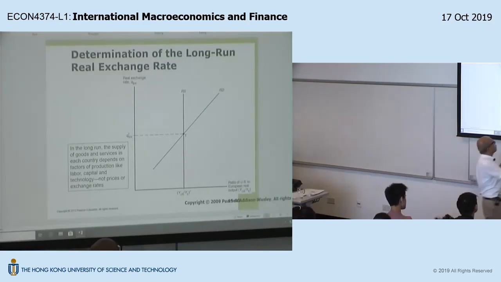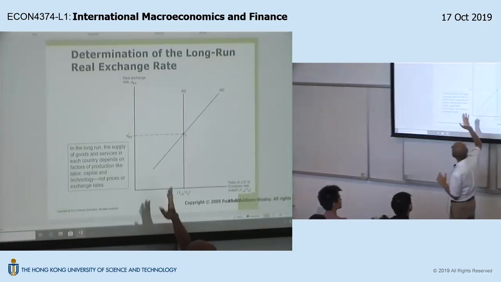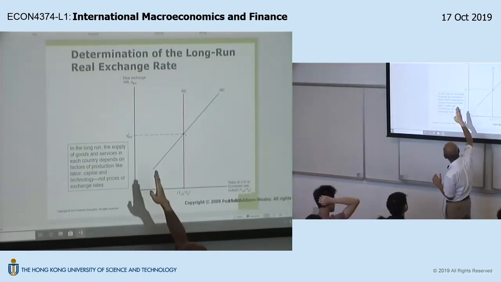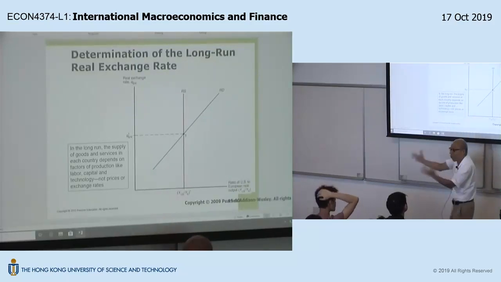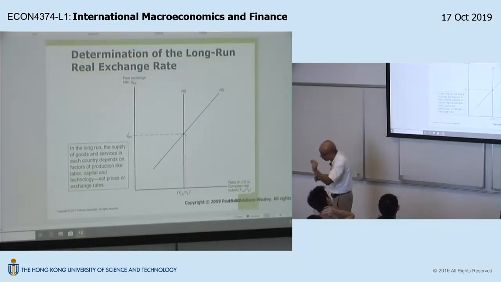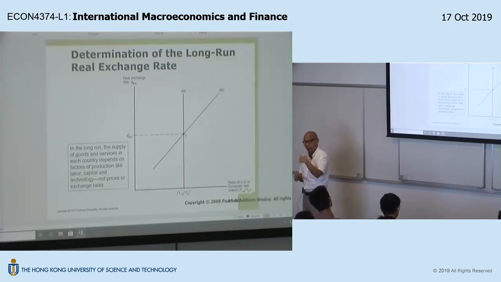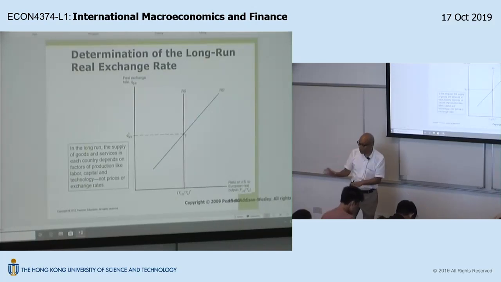Strictly speaking, we are really talking about this Q here. It should not be exactly this Q; according to my story, this Q is really the relative price of the goods produced by the US relative to the price of goods produced by Europe. But we'll continue the story.